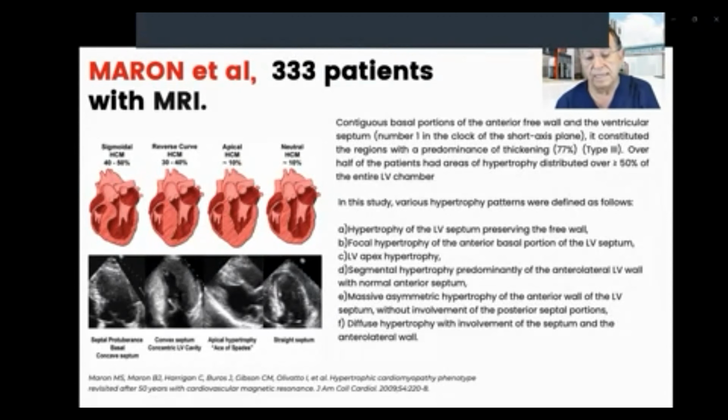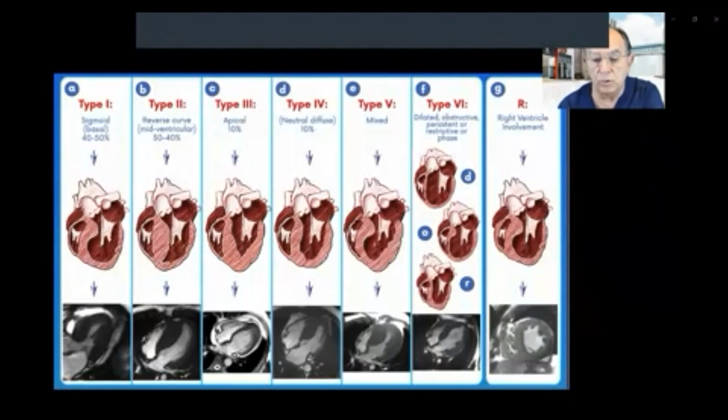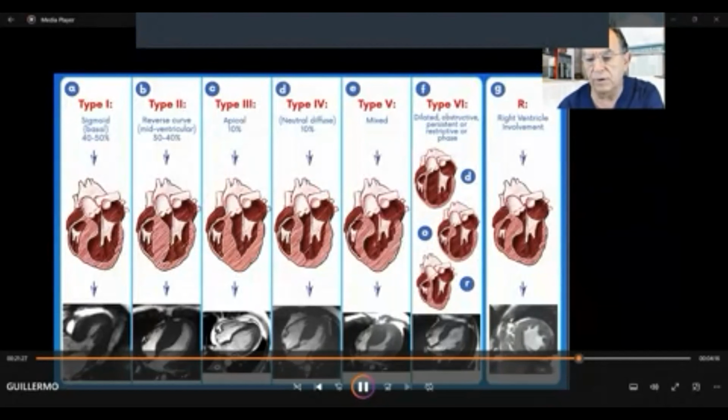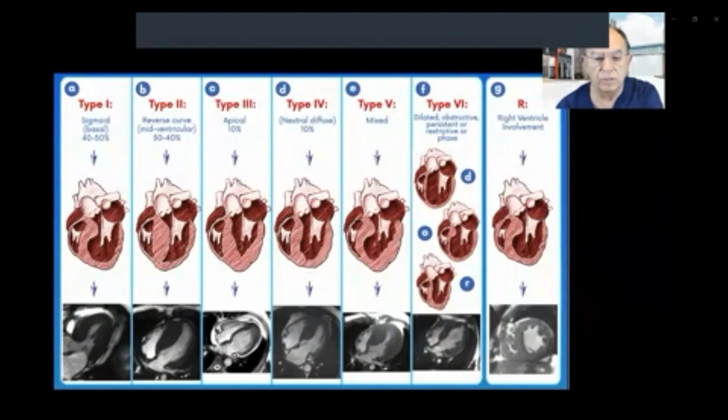But in this evaluation, they found a lot of patterns with different phenotypes, but did not make any evaluation to take the decision to make a new classification. For this reason, we are offering these new proposals for a new classification using MRI and different systems to evaluate the phenotypic morphology of patients with hypertrophic cardiomyopathy.